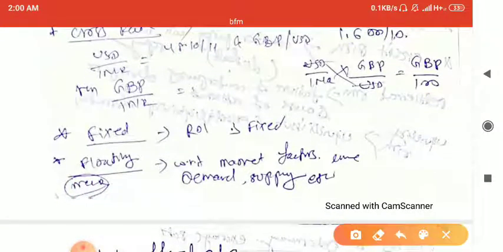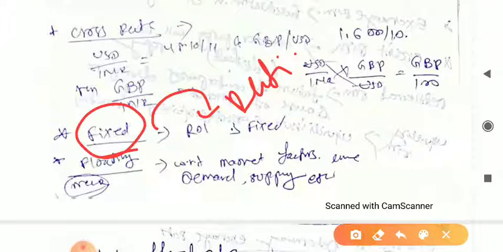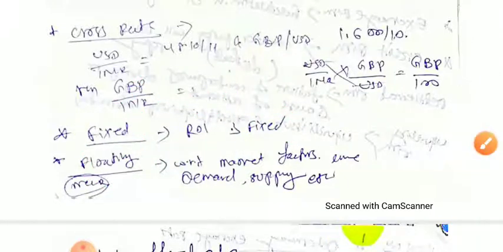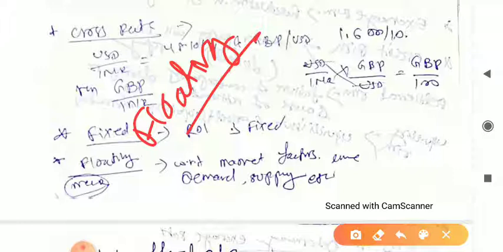So fixed rate, that is, ROE is fixed. The rate of interest will be fixed in case of fixed rate. In the case of floating rate, it will depend on market factors.